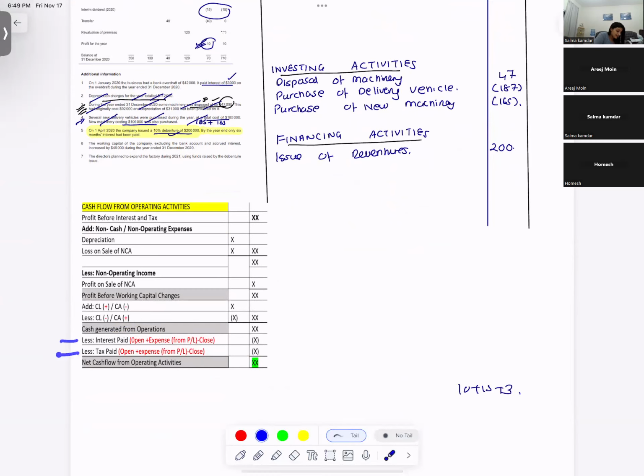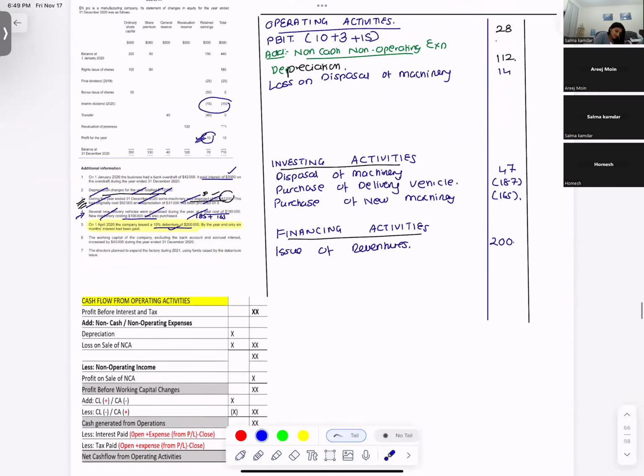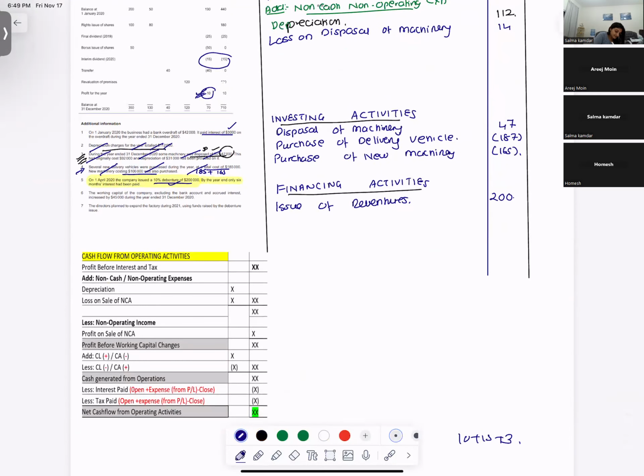Are you with me? Because I get my net cash flow from operating activities, I'm not writing flow or used, okay? From operating activities, I will have what? Interest paid.